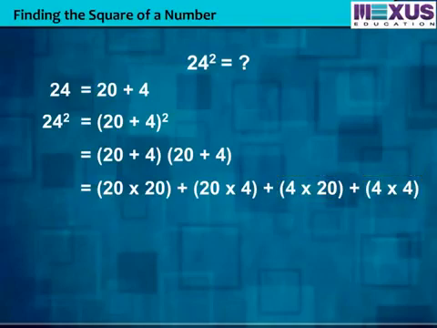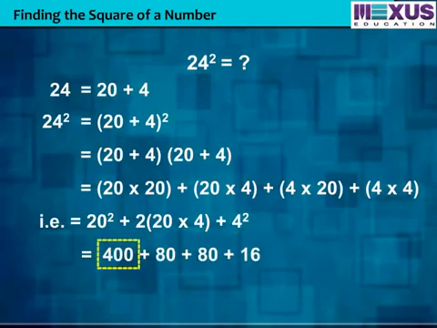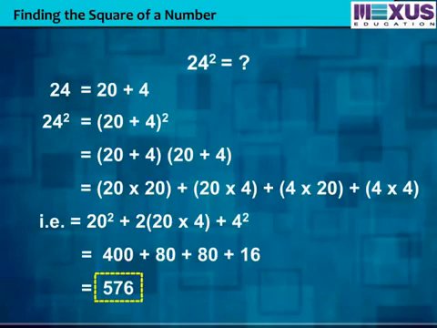Therefore, by calculating this, we get 20 square plus twice of 20 into 4 plus 4 square, which is equal to 400 plus 80 plus 80 plus 16 equals 576. Thus, 576 is the square of 24.